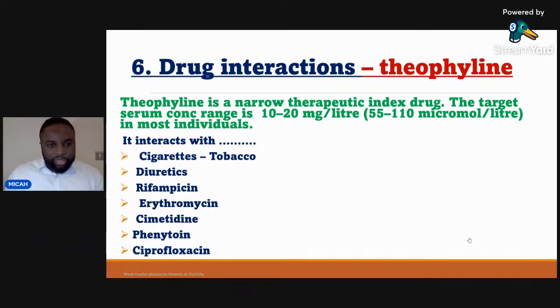There's a drug interaction between phenytoin and theophylline, yes. Another important drug interaction between theophylline and erythromycin, which is a macrolide that we use to treat quite a number of infections. So these ones are important drug interactions that we need to know about. Extremely important, these ones are.